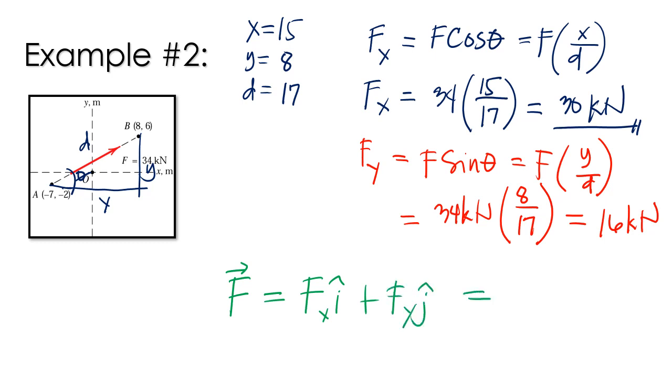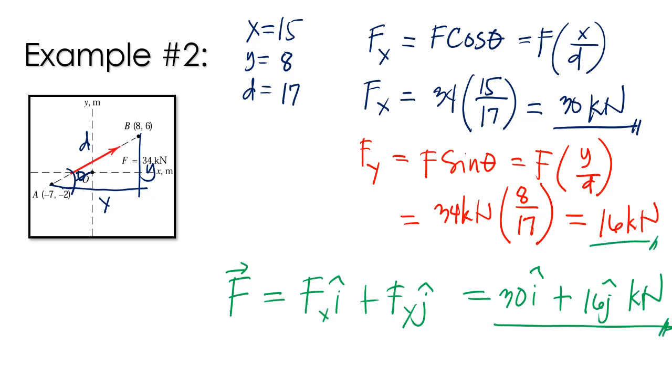So we have an Fx of 30 kilonewton, so 30i plus our Fy of 16 kilonewton, 16j, then the unit is kilonewton. So this is our answer for B. Then this is our answer for A.